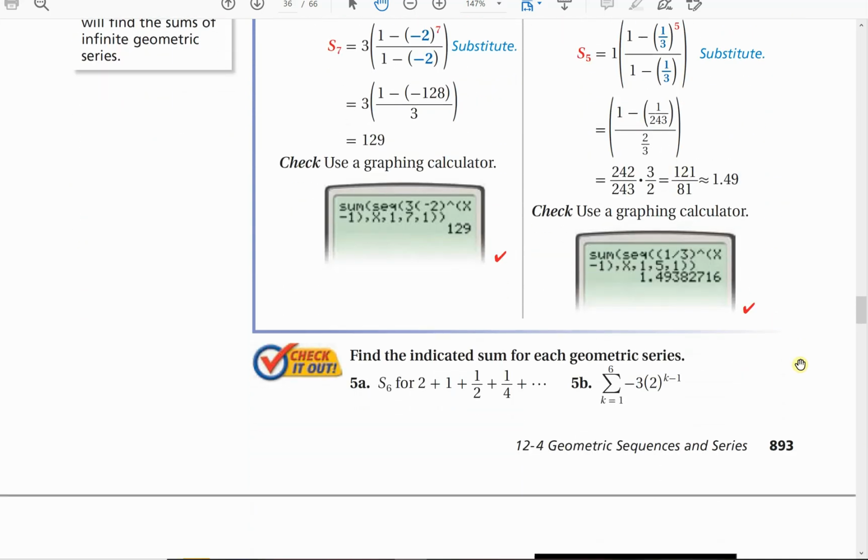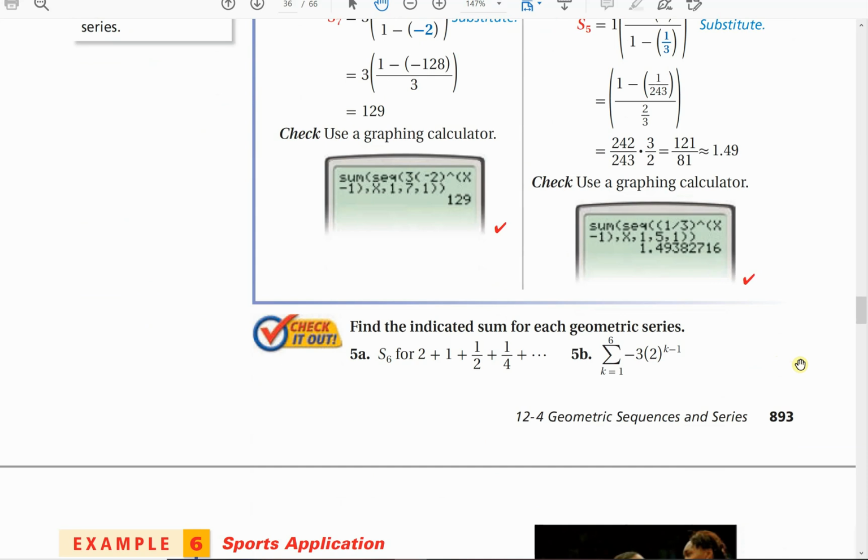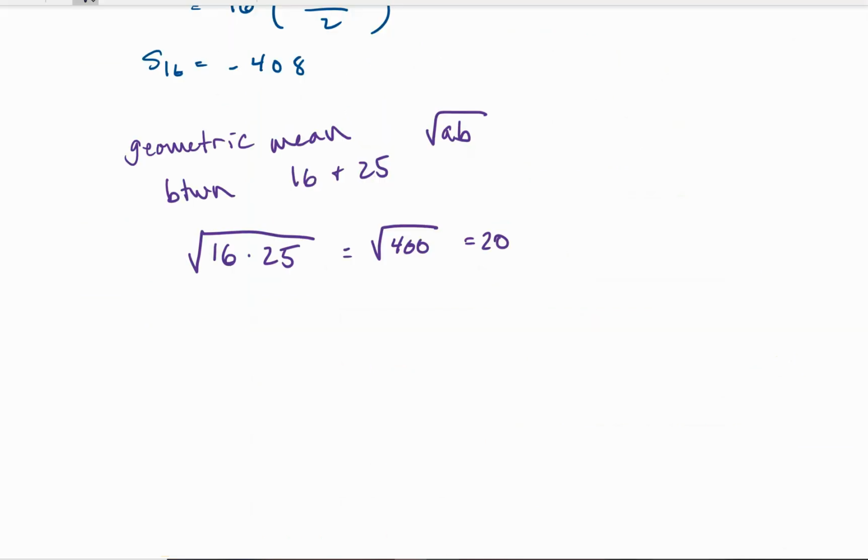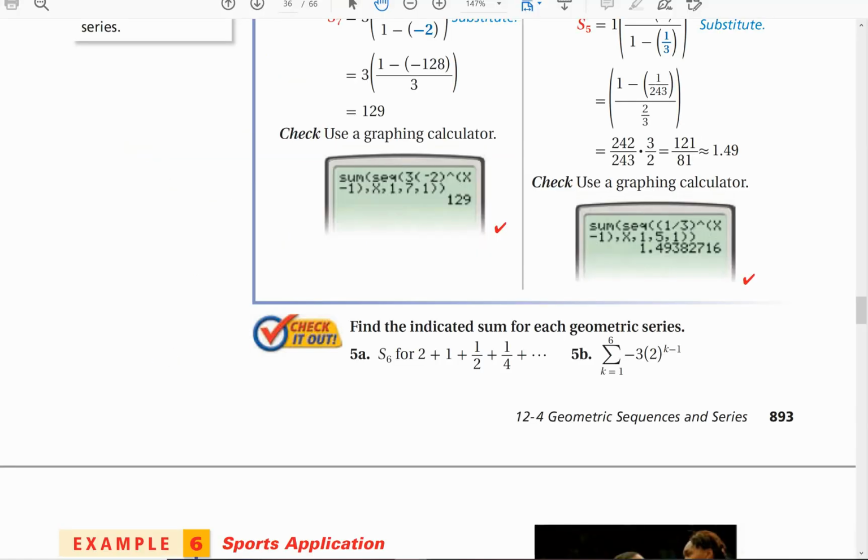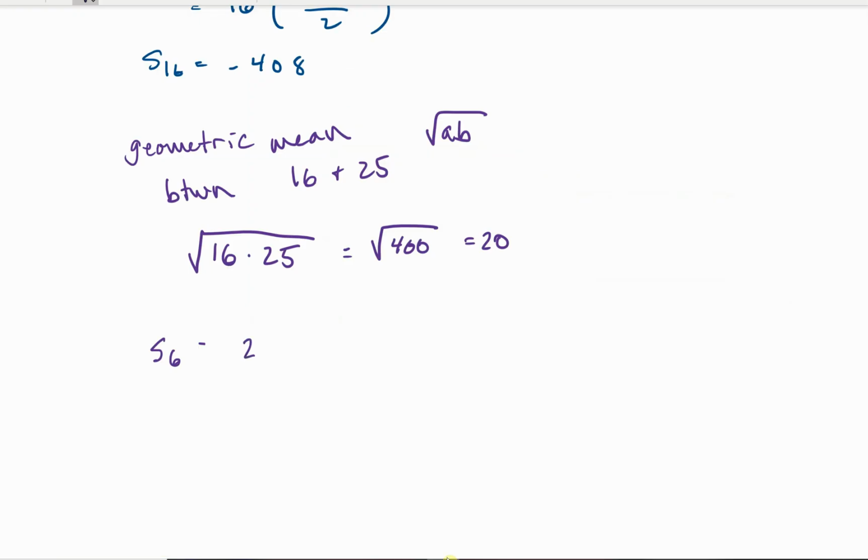We want to do this for our own. Sum from 1 to 6, so S sub 6, and we got 2, 1, 1/2, 1/4. So basically, R is going to be 1/2.